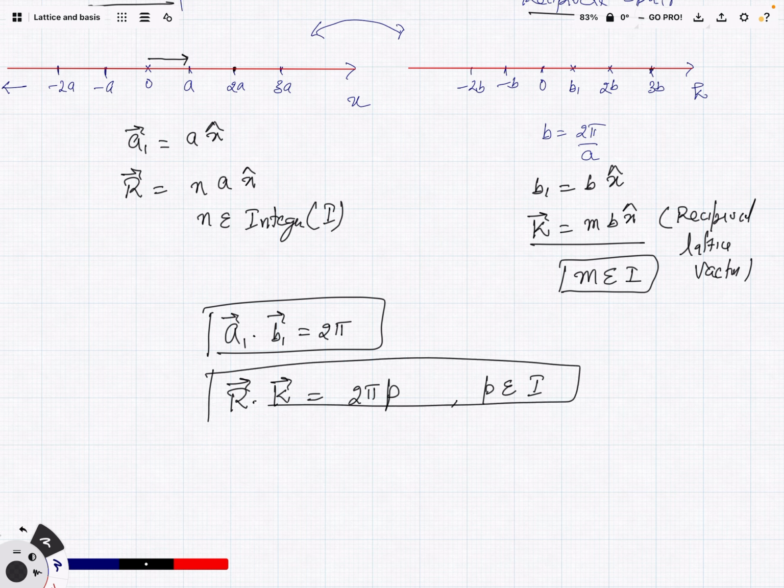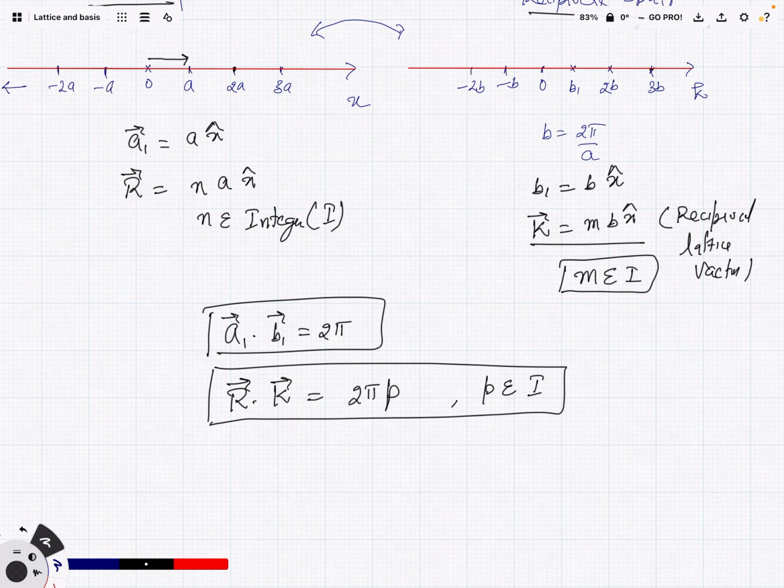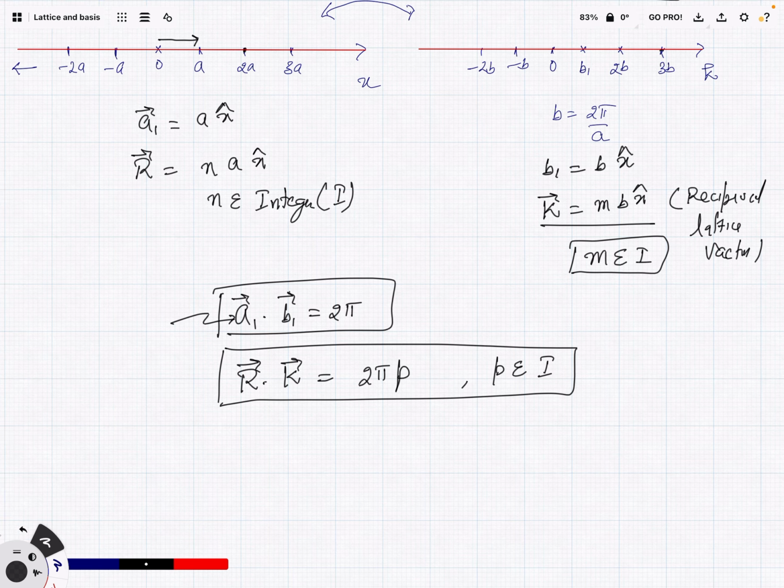This is the condition which tells you how to construct the reciprocal space, because once we know the direct primitive lattice vector, you need to get some vector which gives a dot product of 2 pi. This is a sufficient condition but not a necessary condition, so you can have a large number of possible reciprocal primitive lattice vectors to reach from a direct lattice space to a reciprocal space.